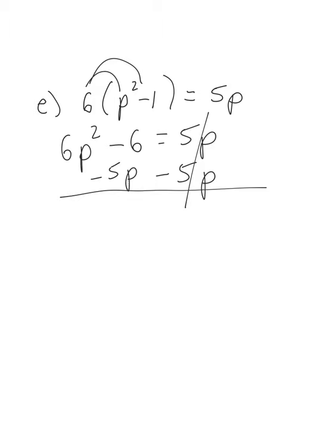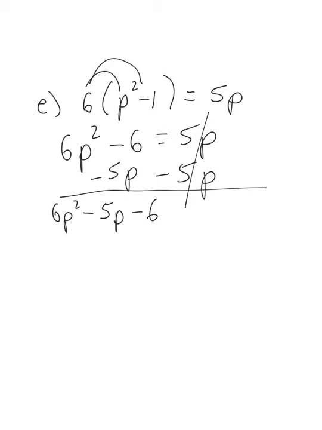So I know I have a mess going on the left side, but we need to write it in descending order. Biggest exponent on p on down. So I'm going to write the 6p squared first. Then I'm going to write the minus 5p. Then I'm going to write the minus 6. So notice the pattern when I keep saying descending order. I write the term with the letter squared first.